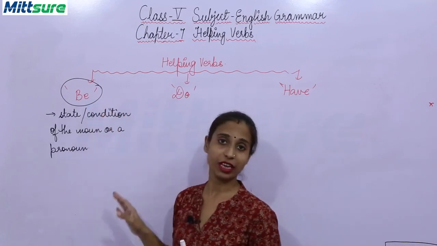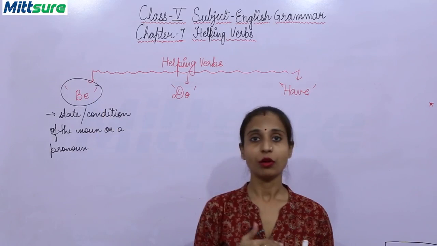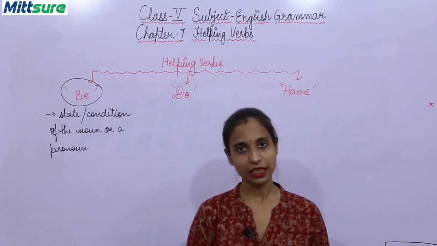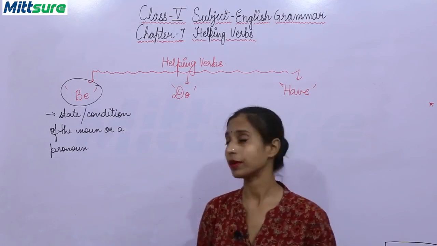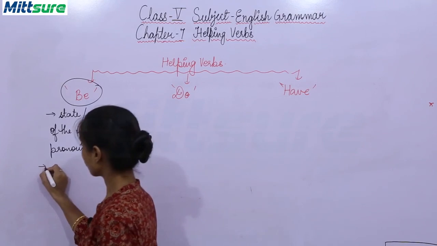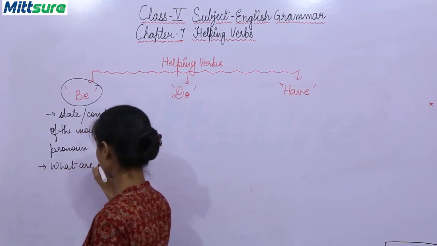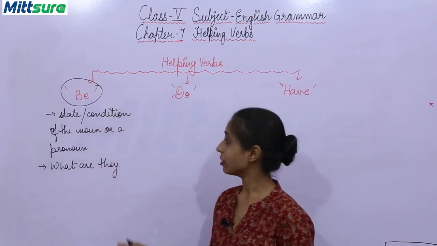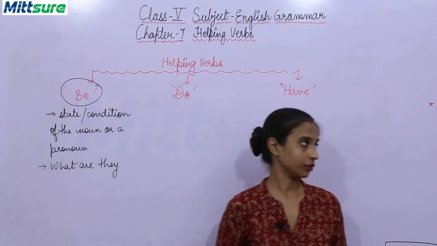Be form of helping verbs, they declare something about a noun or a pronoun, their actual state, their actual conditions. What are they? Just remember, they tell you what they are. All right. Now let us discuss be form of verbs individually.